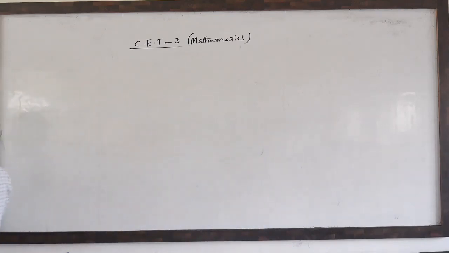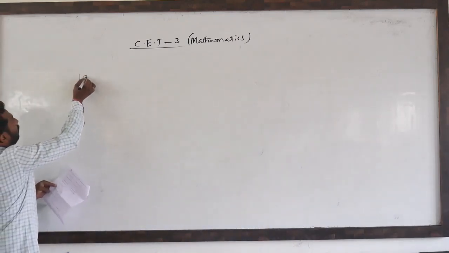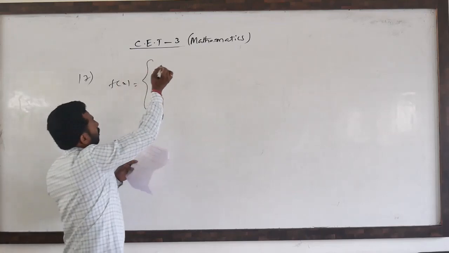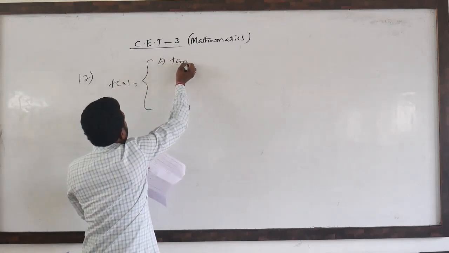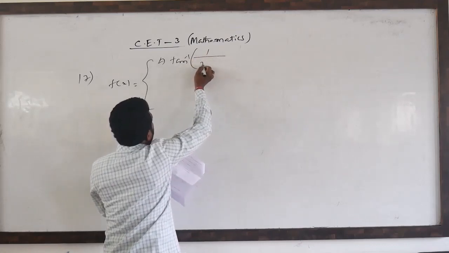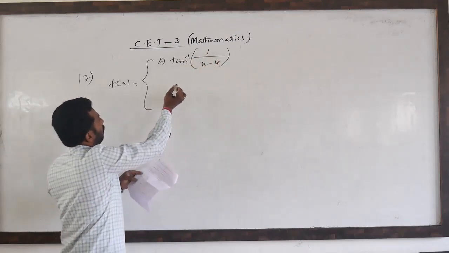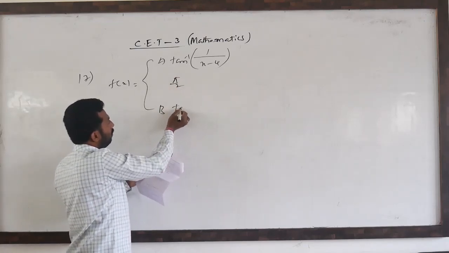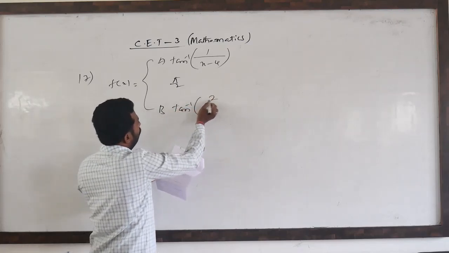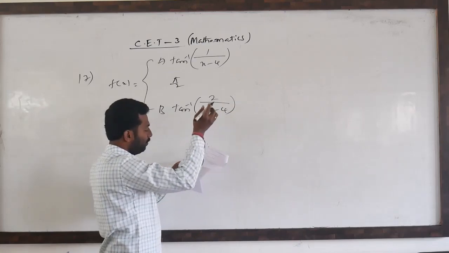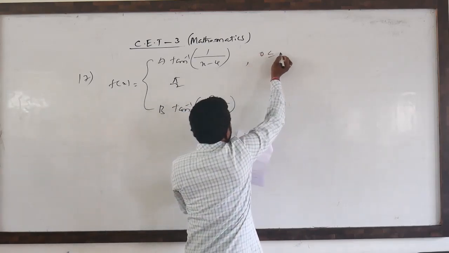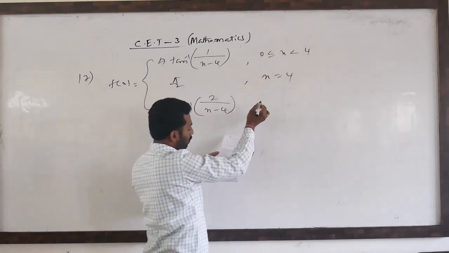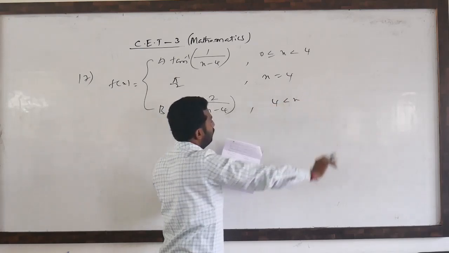Seventeenth question. How they define f of x equal to a tan inverse of 1 divided by x minus 4, pi by 2, b into tan inverse of 2 divided by x minus 4 whenever 0 less than or equal to x less than 4, x equal to 4, and x more than 4.